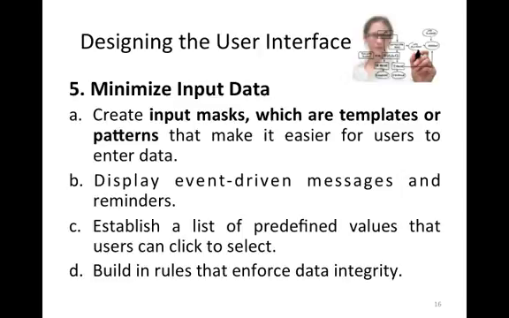We want to minimize the amount of data that people have to input. So when I was talking a few minutes ago about the telephone number issue, they could have fixed that issue with something called an input mask, a template, a pattern for us to enter our data. So sometimes if you enter a phone number, you'll type in the area code.